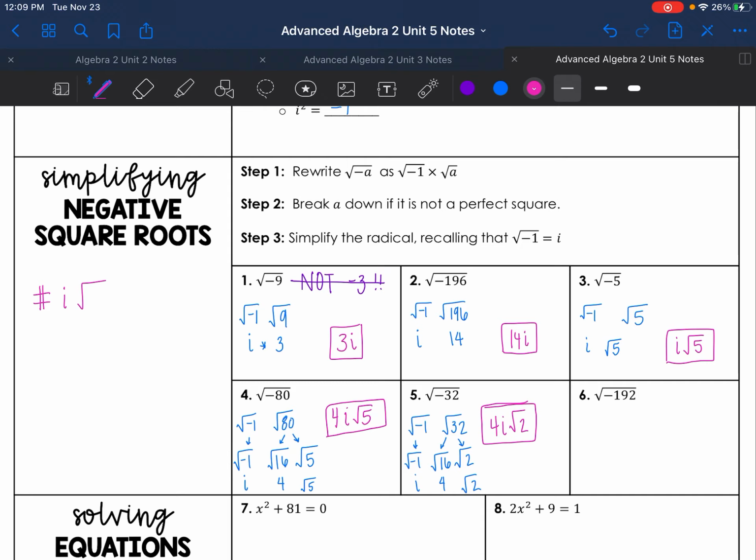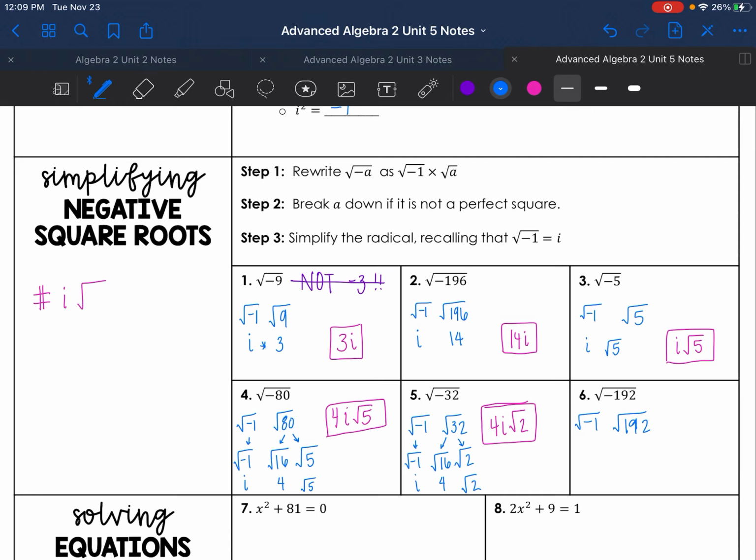Oops. So because there's a negative number under the square root, we take out the negative 1 first, leaving us with a positive 192. And then we have to figure out what perfect square goes into 192. You should have already worked this one out.